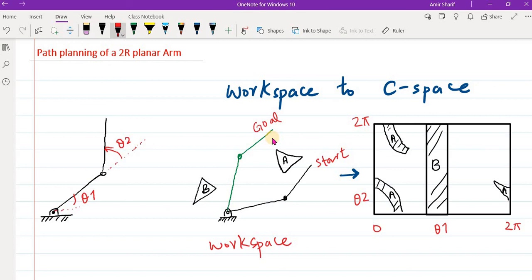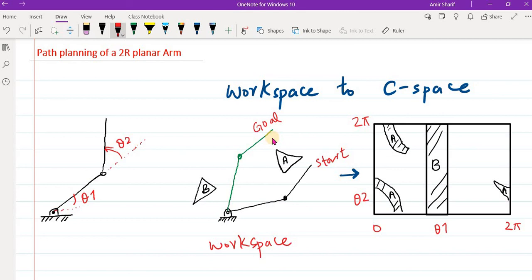But at some angle, more than 90 degrees, there is a chance that link 1 will be in collision with obstacle B. So from 0 to 90 degrees there is no collision with obstacle B, and when the angle is more than 90 degrees and less than 270 degrees, there is a collision with obstacle B. So here I have drawn obstacle B, that's why.